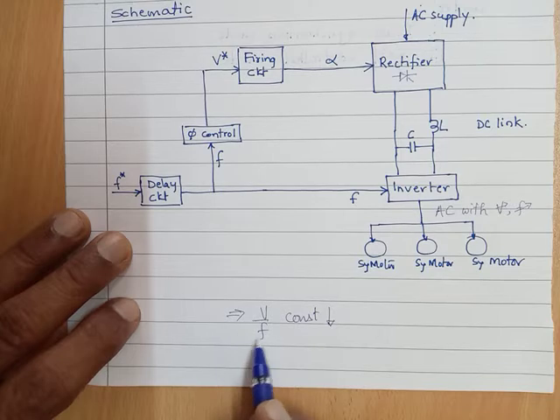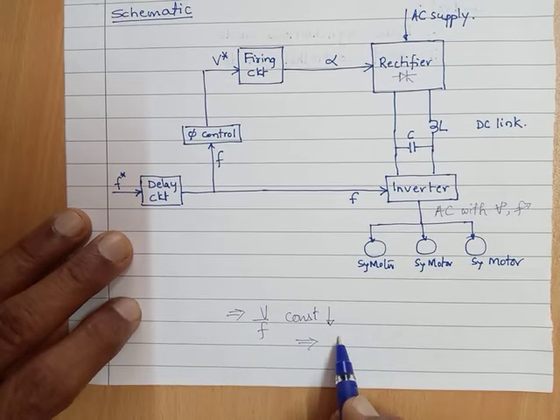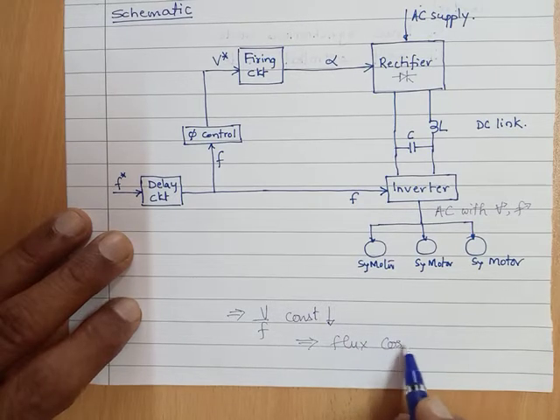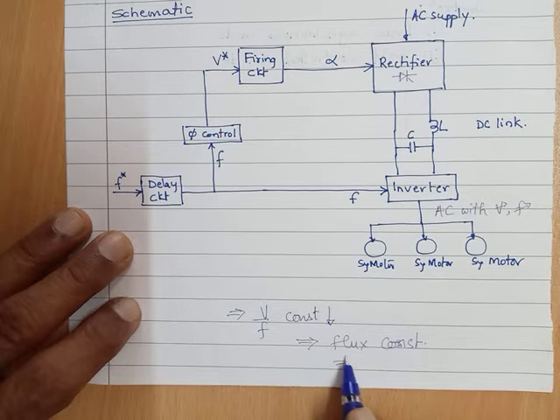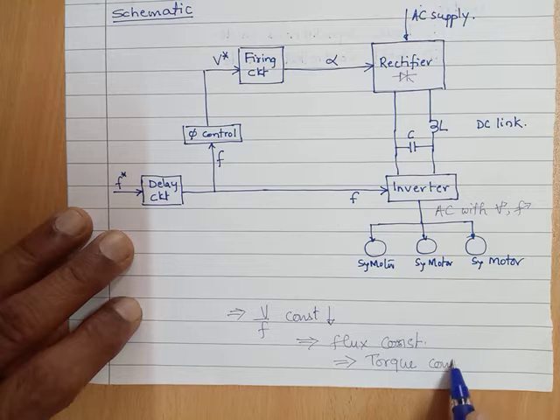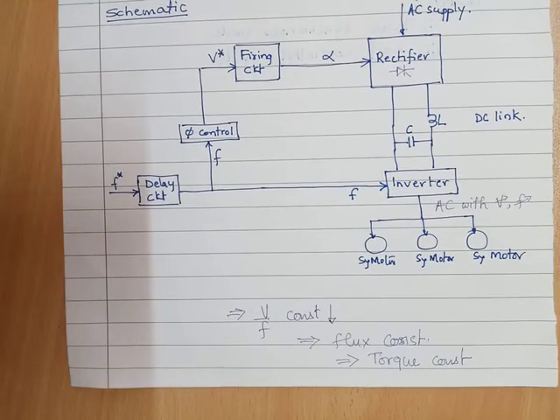Because this V by F represents the flux, and that remains constant. And once the flux remains constant, torque remains constant. The whole idea is to maintain the torque at a constant value.